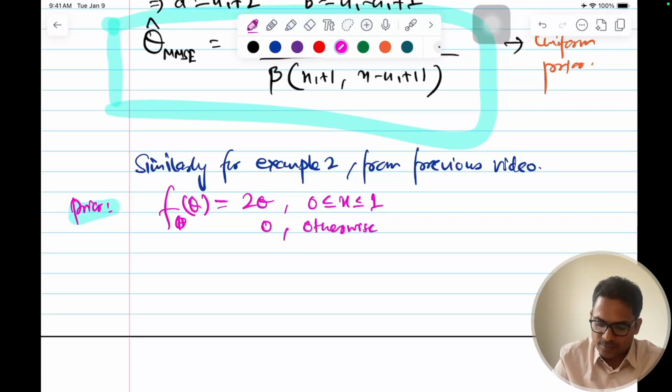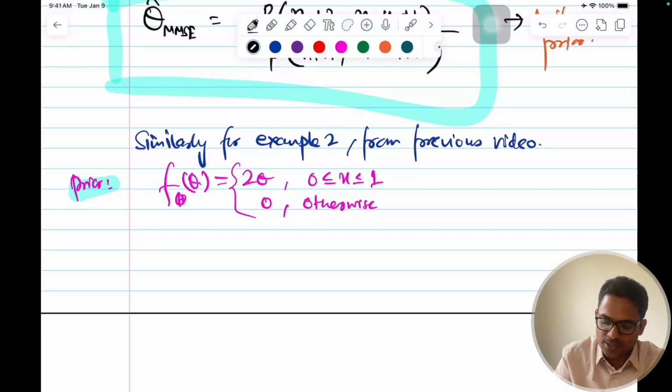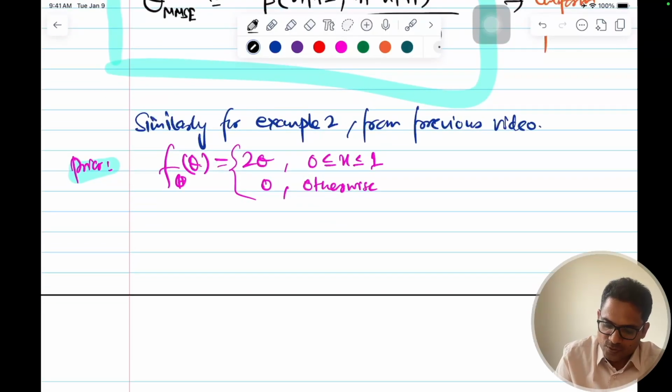So this was my prior earlier. Now you are seeing that this is 2 theta, so I'll just calculate the posterior quickly. What was the posterior for that case?